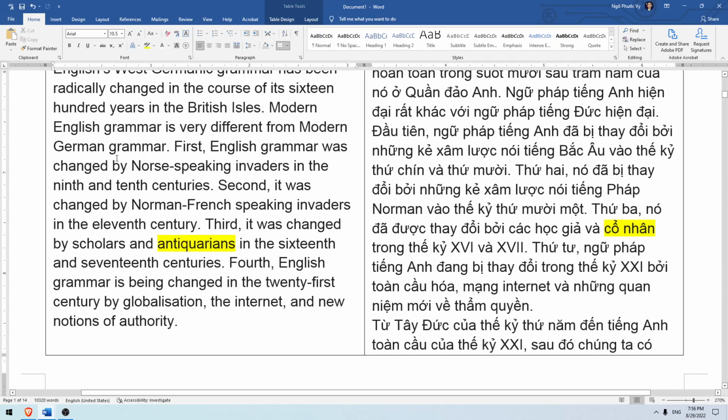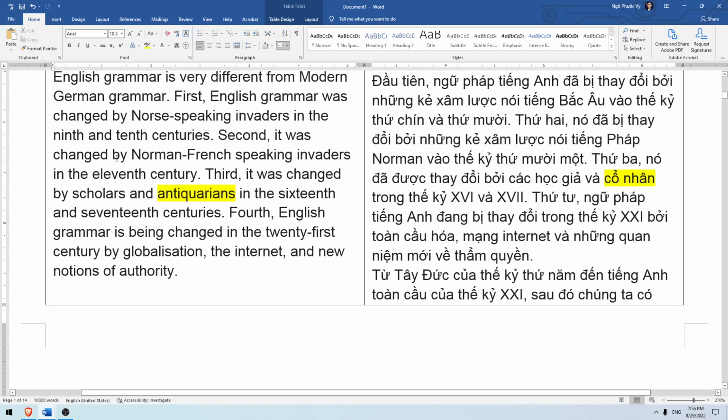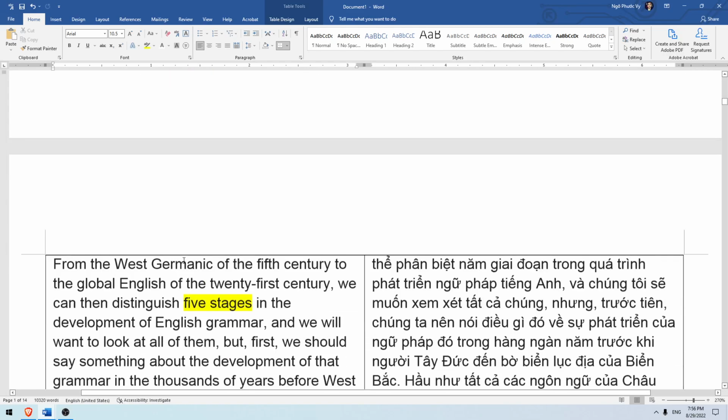Second, it was changed by Norman French-speaking invaders in the 11th century. Third, it was changed by scholars and antiquarians in the 16th and 17th centuries. Fourth, English grammar is being changed in the 21st century by globalization, the internet, and new notions of authority.